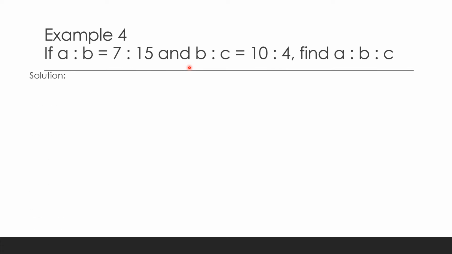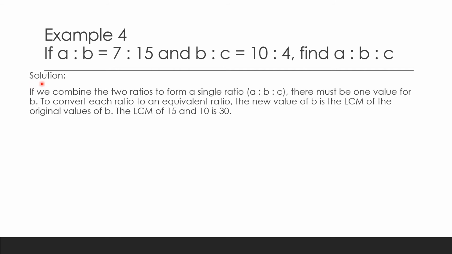Alright, our solution: if we combine the two ratios to form a single ratio, A is to B is to C, there must be one value for B. To convert this ratio to an equivalent ratio, the new value of B is the LCM of the original values of B. The LCM of 15 and 10 is 30.